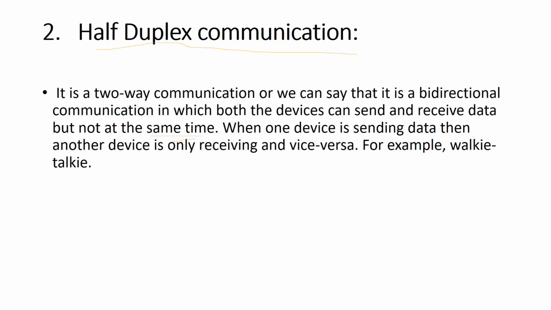When one device is sending data, the other device is only receiving, and vice versa. An example of half duplex communication is the walkie-talkie. One has to talk first, then you say over, for the receiver to give the feedback. You cannot communicate at the same time or simultaneously.